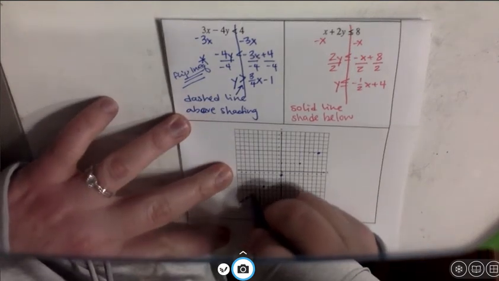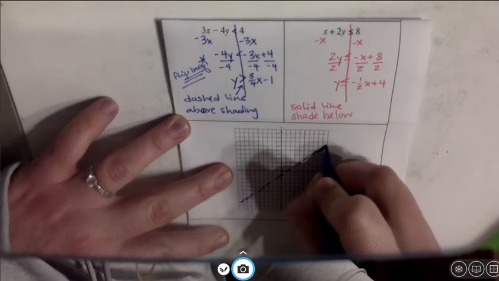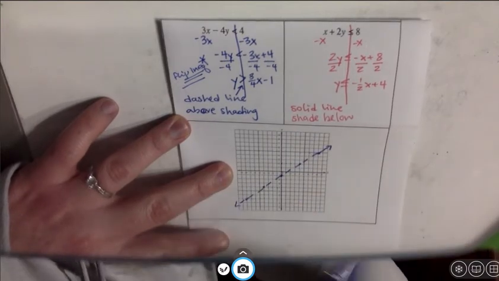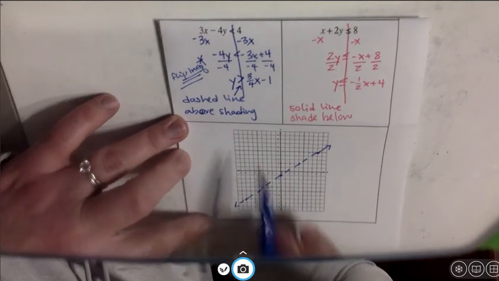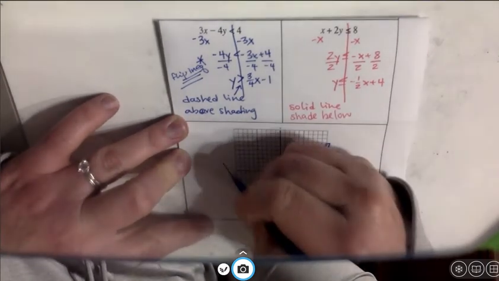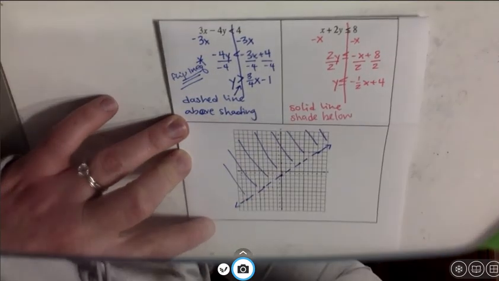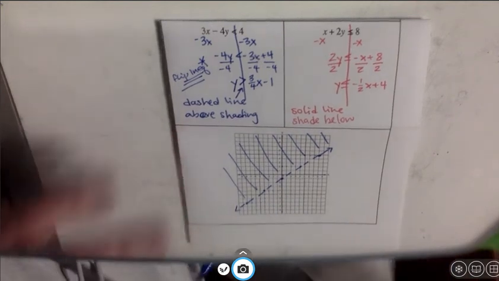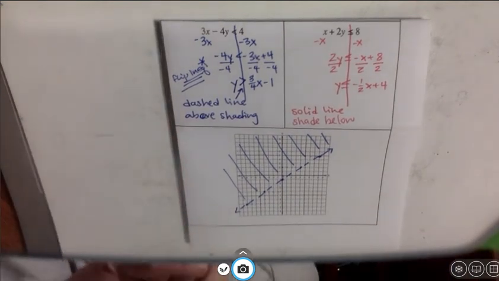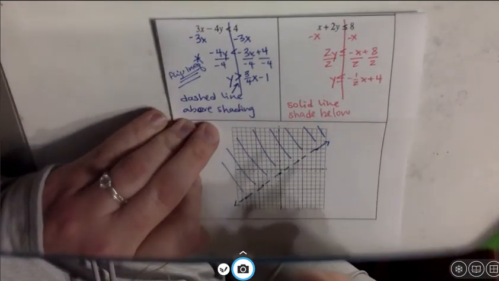So I'm just going to dash this in, and I'm going to make it obvious that it is not a solid line by making clear breaks in it. Yeah. And then I'm going to shade above. I did not actually shade in or hold my pen sideways, but that's okay. It's very clear what direction this particular inequality is shaded, and this is a valid way to shade for math.